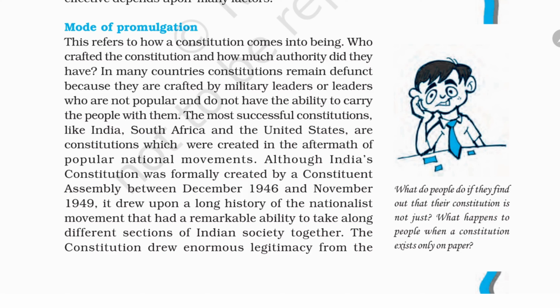national movements. Although India's constitution was formally created by the Constituent Assembly between December 1946 and November 1949, it drew upon a long history of nationalist movements that had a remarkable ability to take along different sections of Indian society together.